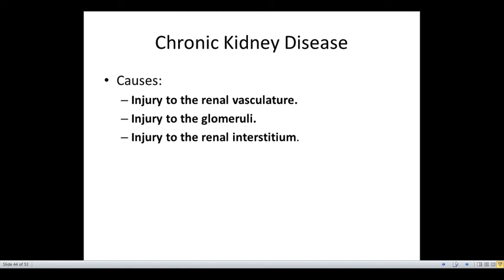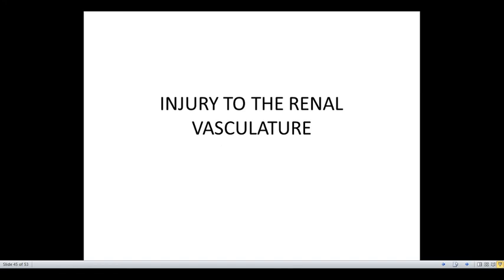And number three, injury to the renal interstitium. Now let's study these causes one by one. Injury to the renal vasculature. Many types of vascular lesions, that is vascular injuries, can lead to renal ischemia and death of kidney tissue.